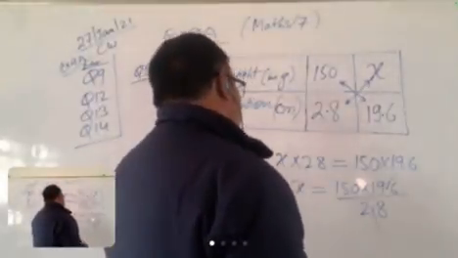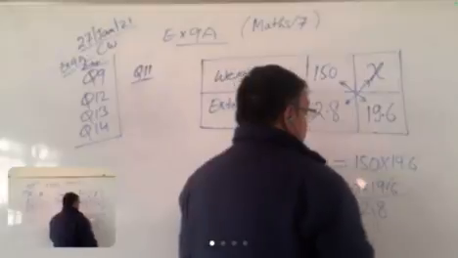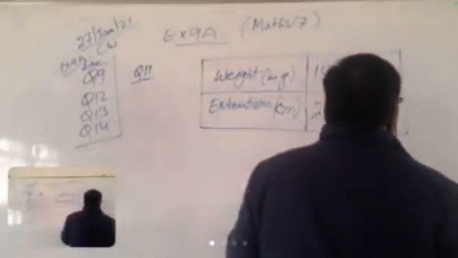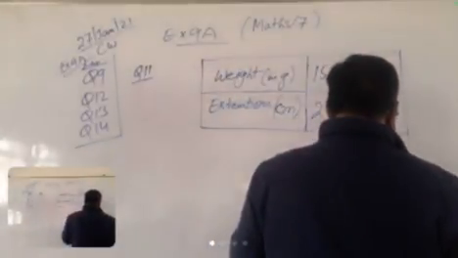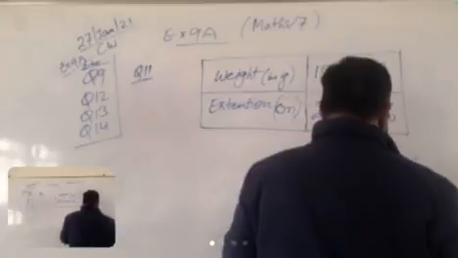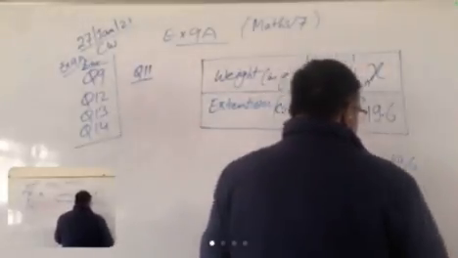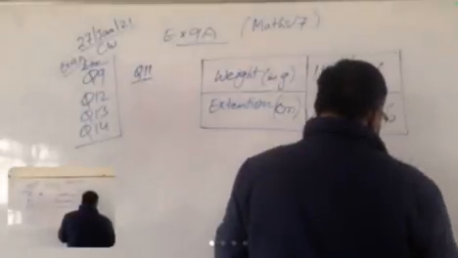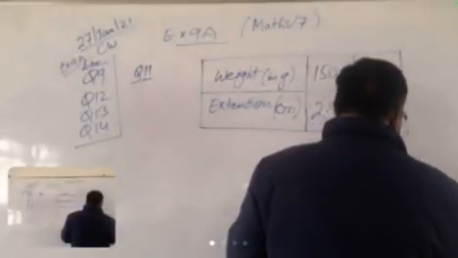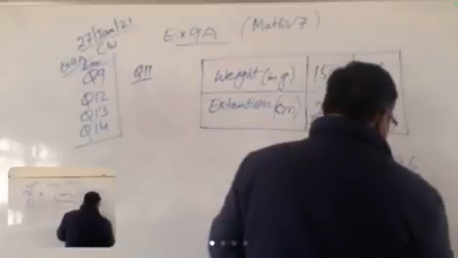Cancel करें इसको. 4 fours are 16, and then 9 and 7.